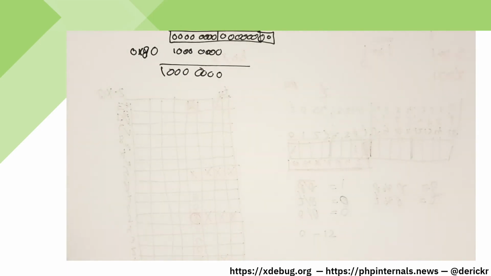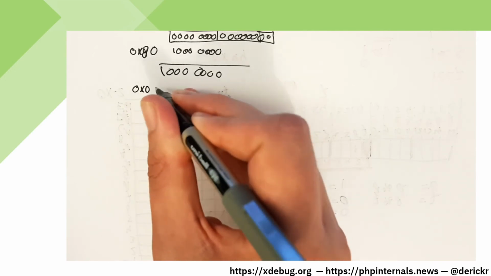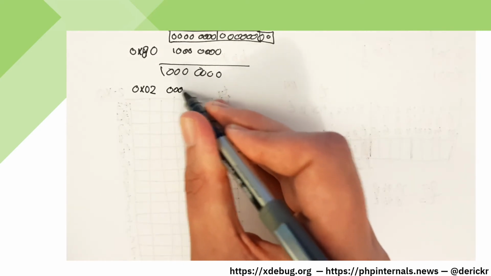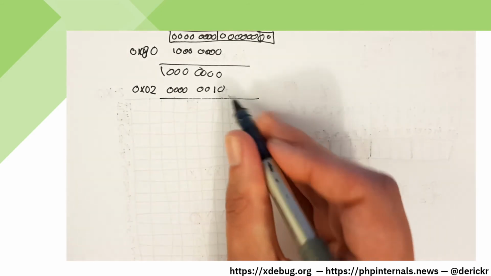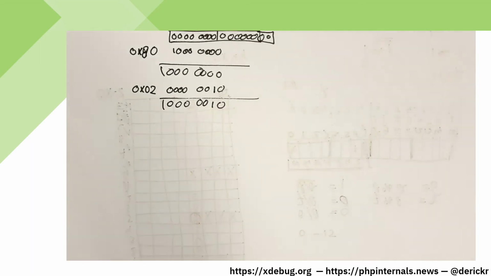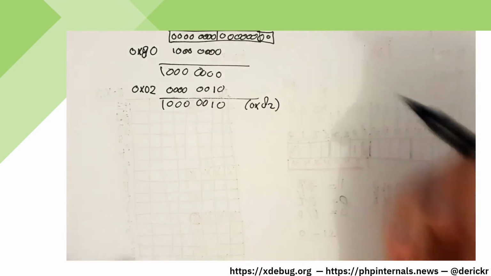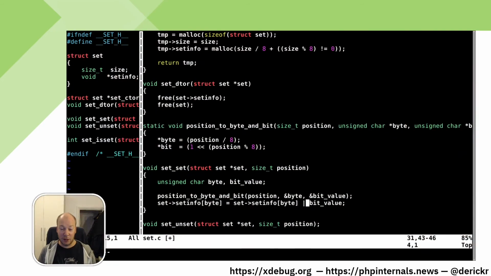But if we then set, for example, the second bit, which is our 2 value, which is 0, 0, 0, 0, 0, 0, if we then set that bit, we do this calculation, we end up with this number, which in hexadecimal is of course 82. And that is pretty much the way of flipping bits to do what we need to do. And that is basically what our set function now does.